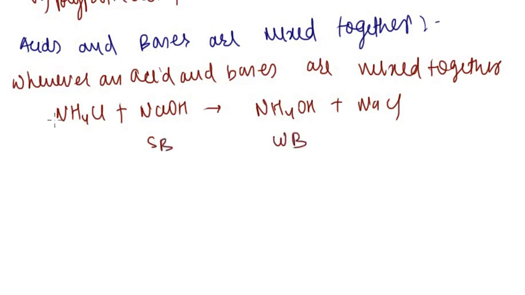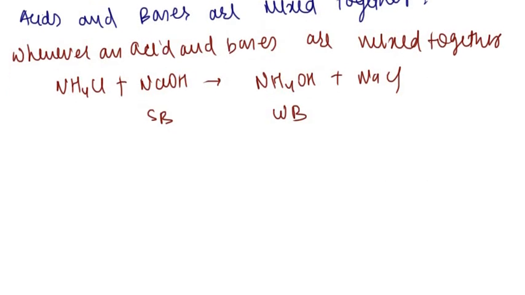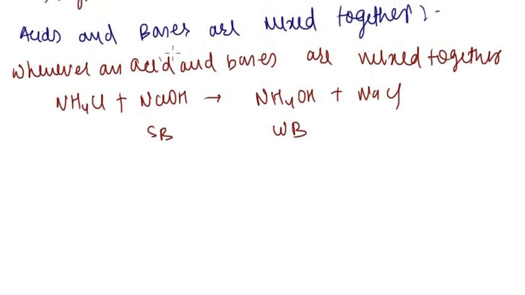So it is a general example. What we are expecting here is that in ionic equilibrium, the reactions are generally ion exchange. NH4 plus is reacting with Na plus and OH minus. NH4 will lock this ion and Na will lock this ion. So it will form NH4OH and NaCl. This is generally an ionic exchange reaction.